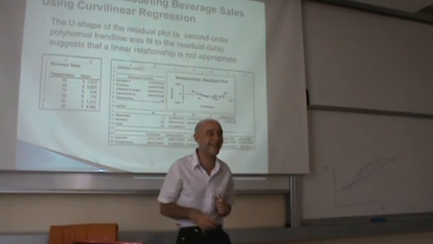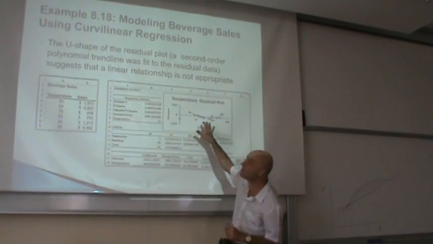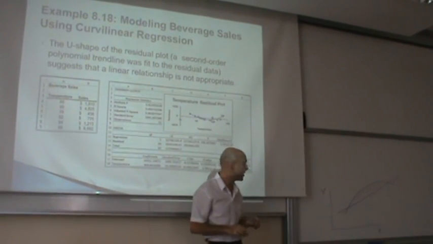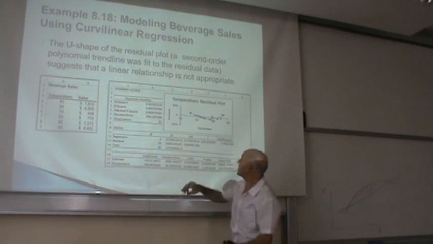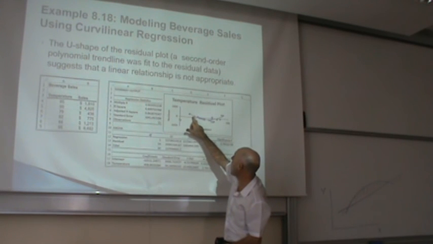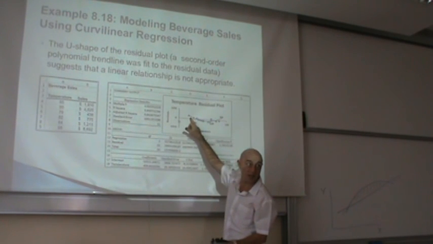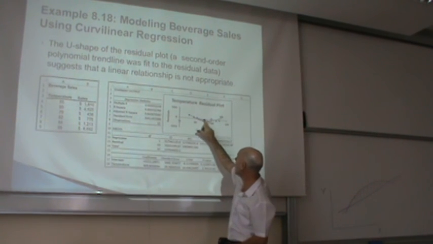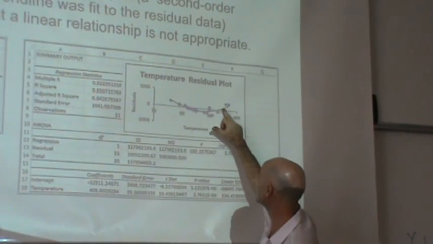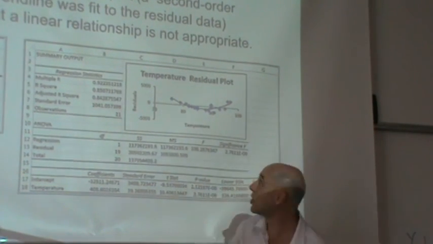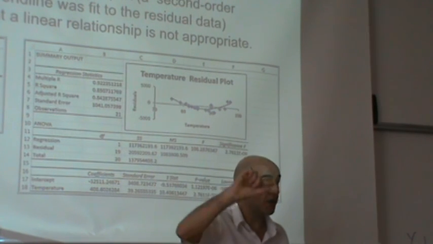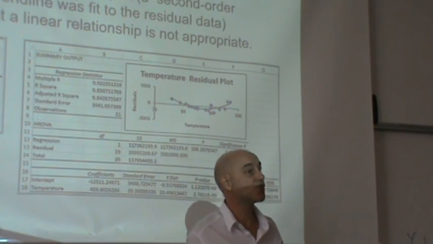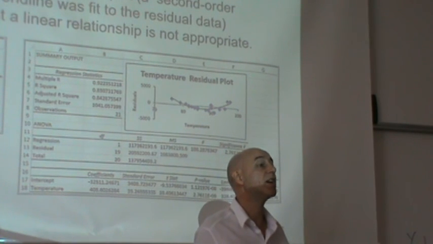Well, this is exactly what the picture shows you over here. If you actually invert this, see how some of these are mostly positive, these here are negative, and these here are positive again. So these residuals look very non-linear. That's because the relationship is probably non-linear.